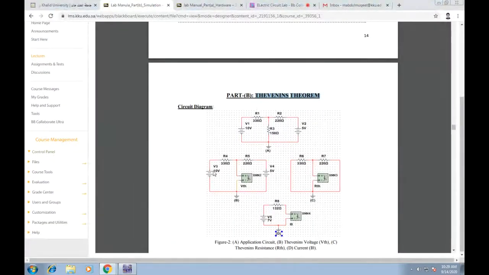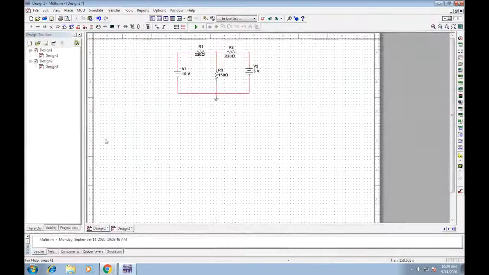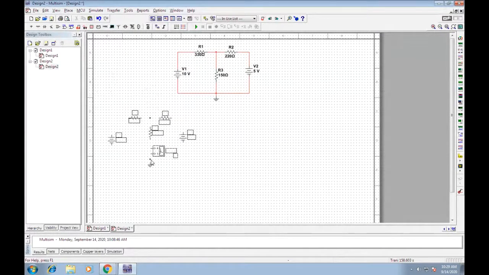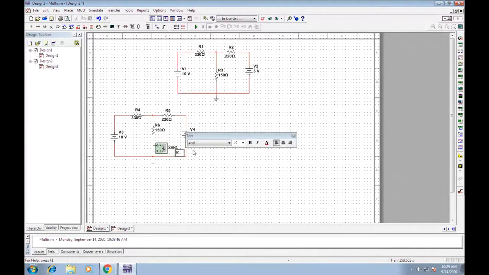Next, what is the second circuit? In the second circuit, we have VThevenin. That is, we are supposed to measure VThevenin. So again, right click, paste from the previous one. This is for VThevenin.